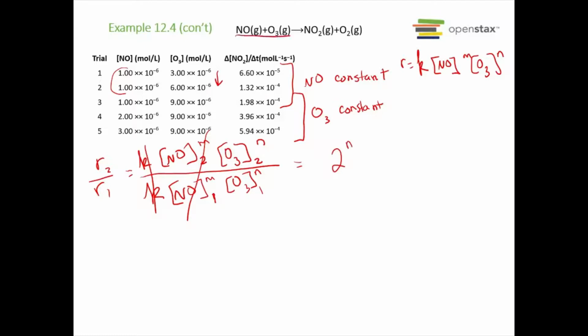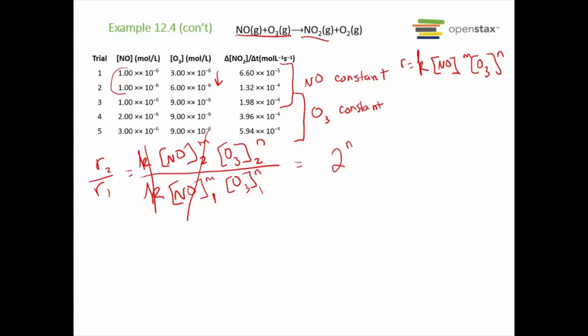And one thing we also know from when we've looked at relative rate laws is looking at the balanced equation, the rate of change of ozone is the same as that of NO. And it's also the same as that of NO2. So 1.32, 13.2 divided by 6.60.